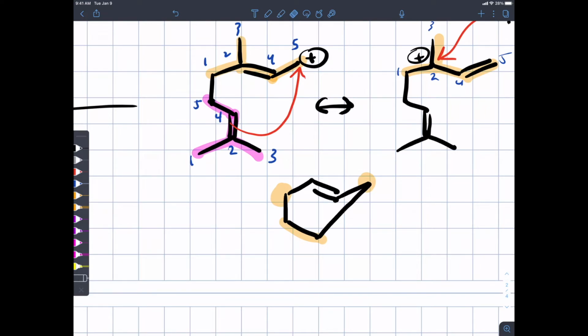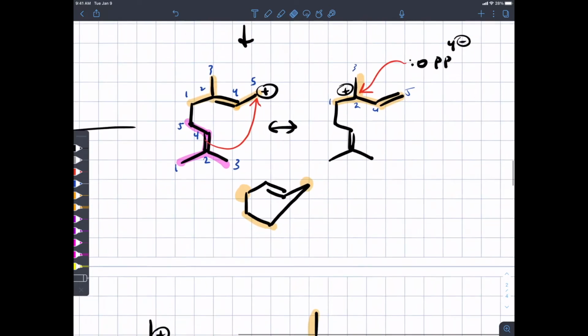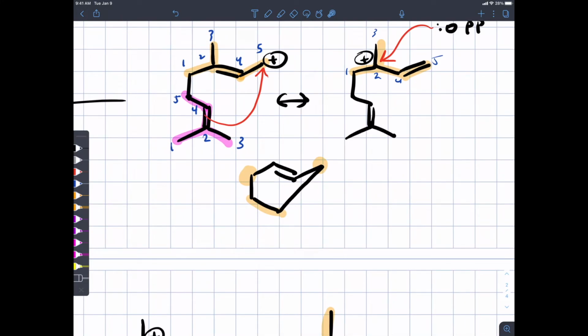I don't know if that helps a little bit. Just because it can't rotate. And so the other question is, why can't we, from this resonance structure, just rotate around 2 and 4 to bring carbon 5 back over here, and then we could do what we need to do? That seems to make sense to me, but this is a conjugated system. You've got a resonance stabilized carbocation. If you rotate around this bond, you break that resonance and it becomes just a regular carbocation, and that's higher in energy.